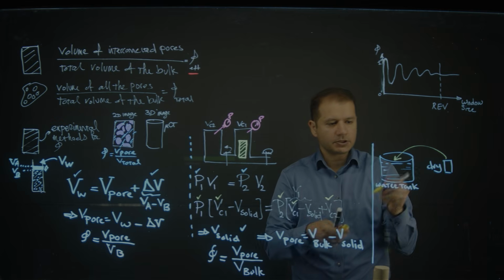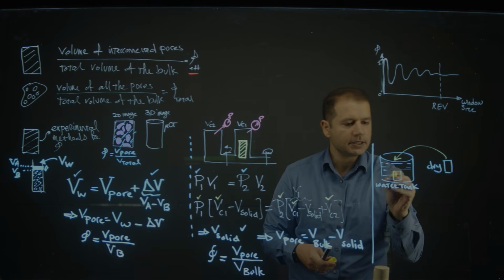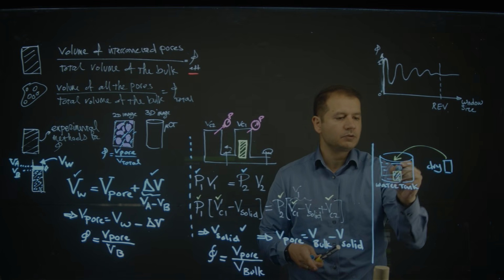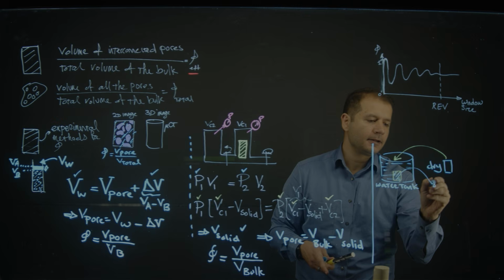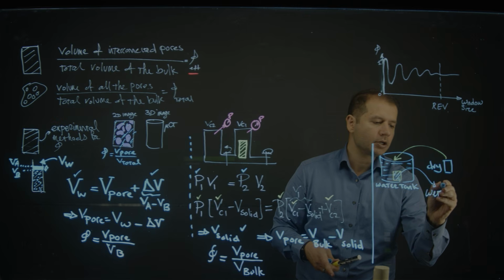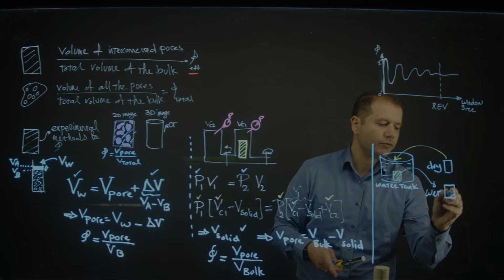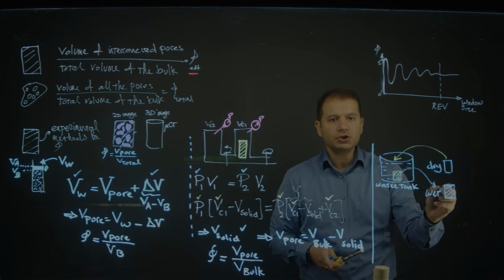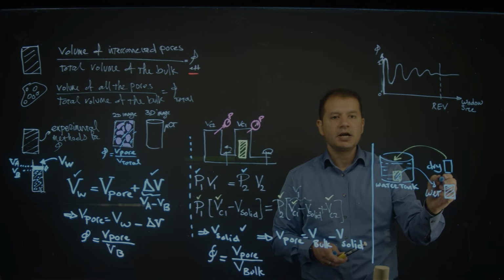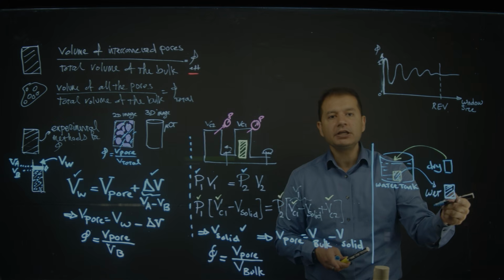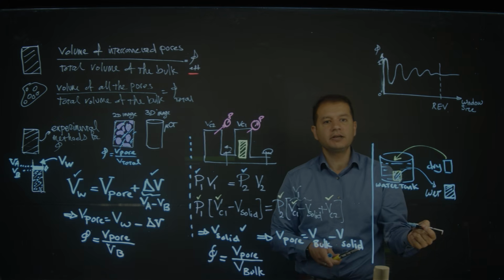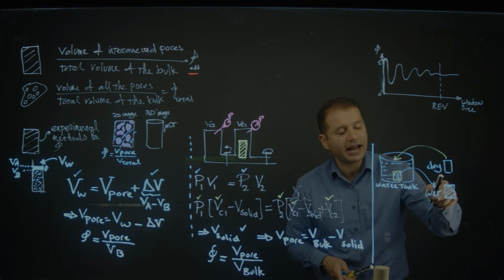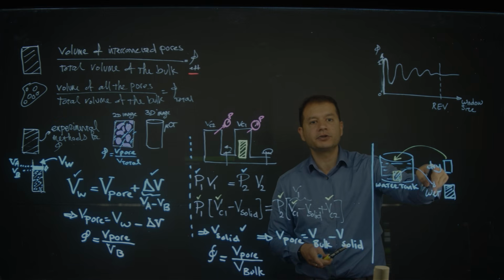My rock comes here and gets fully wet with water. When I bring it back, it's a fully wet rock. And if I measure the change of the weight, I know the change is only representative of the weight of water, because water has filled the pore spaces.